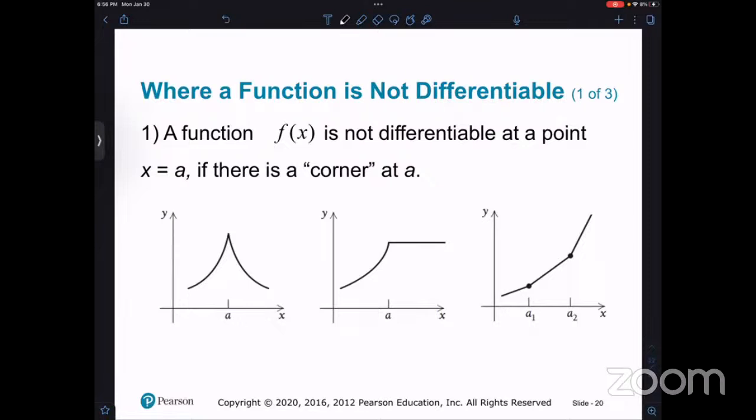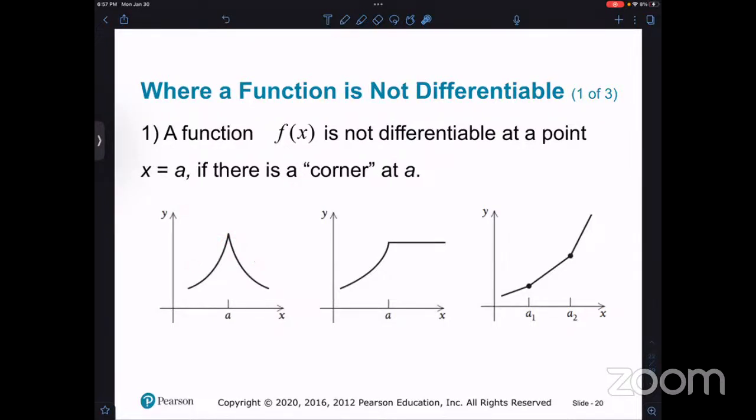Okay, so where a function is not differentiable. Remember, with the derivative we're trying to find the slope of a tangent line. Could you imagine trying to draw a tangent line at a sharp corner like that? This is a tangent line, this is also a tangent line. So whenever there's a sharp corner or edge, you cannot find the derivative at that point. If there's a corner, it's not differentiable.